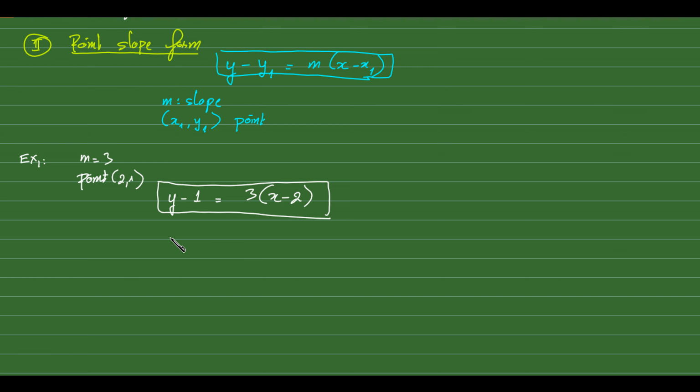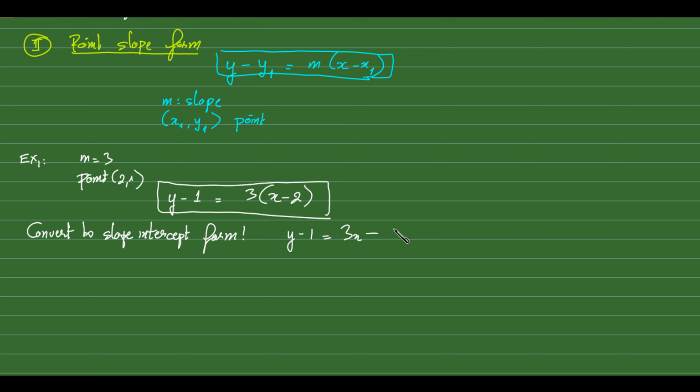All right, so how do we convert it? Very easy. I'm going to put over here: convert to slope-intercept form. In order to do this, just go ahead and distribute. That gives you 3x minus 6.